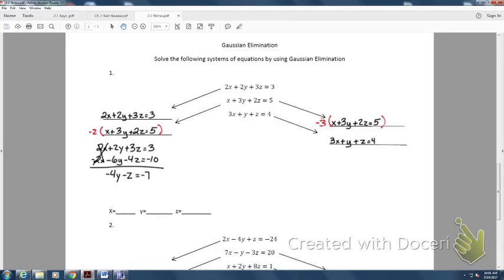Just as long as I've got the two that I'm working with right on top of each other. Yes. Let's finish this problem first.